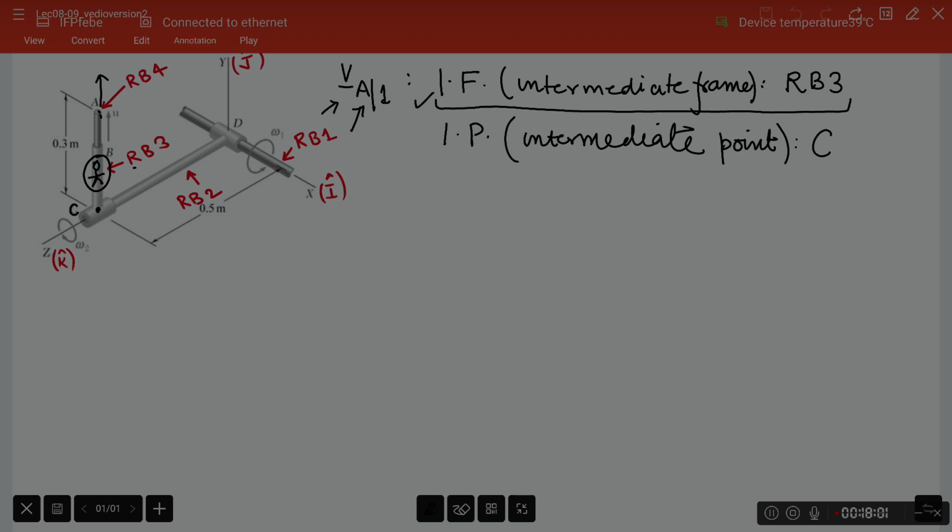So RB3 is my IF and the next adjacent frame is RB2. So I would choose my point C to be somewhere on the interface of these two RBs or these two frames. So once I make this choice of IF and IP, I can write VA1 using velocity transfer relationship as three.